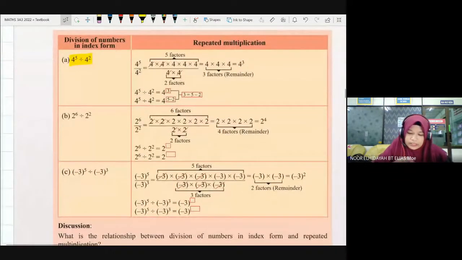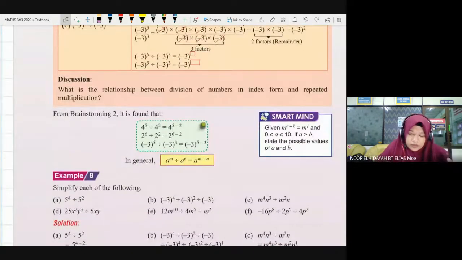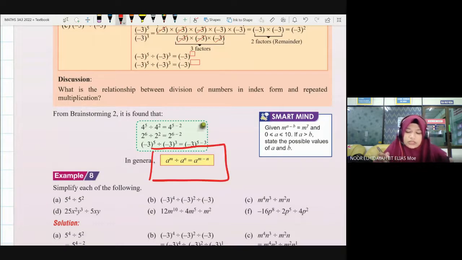Okay, so example yang lain tu cikgu dah tak tunjuk dah lah sebab dia lebih kurang sama sahaja. Just awak perlu tahu kalau base yang sama, yang involve operation of division, so you have to subtract the index. Okay, so in general, the law of indices, this one.